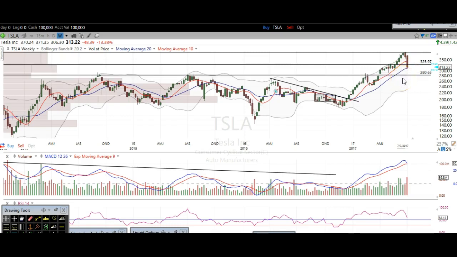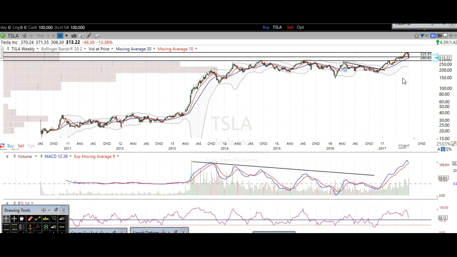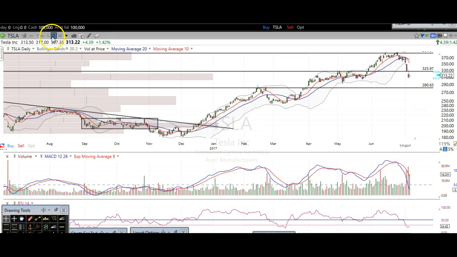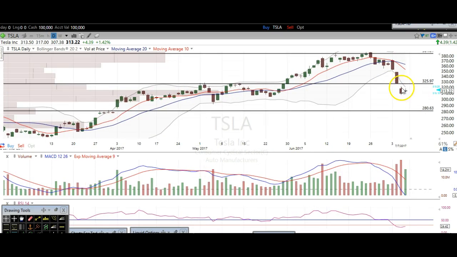So I do think that Tesla is going to get a bounce around 280 against those previous all-time highs. As far as the short-term levels here, I haven't seen any kind of reversal signal on Tesla just yet. I want to see a washout low and then a quick reversal.